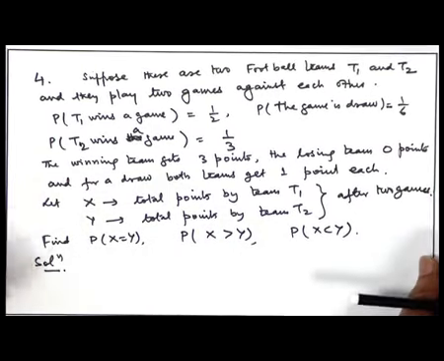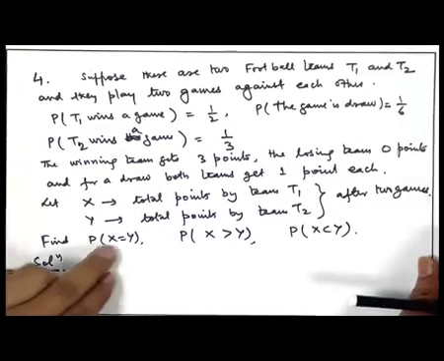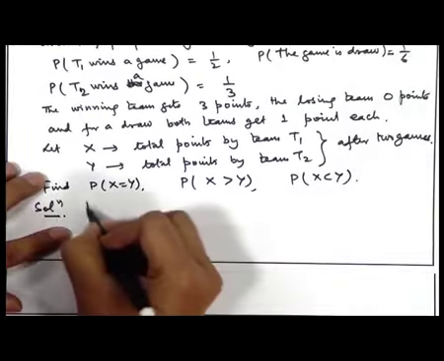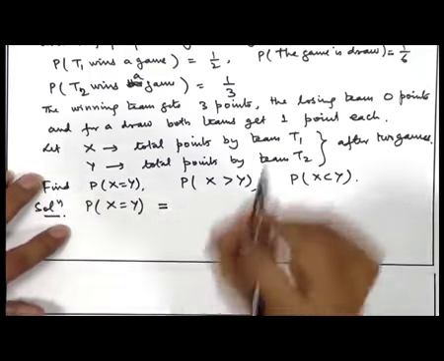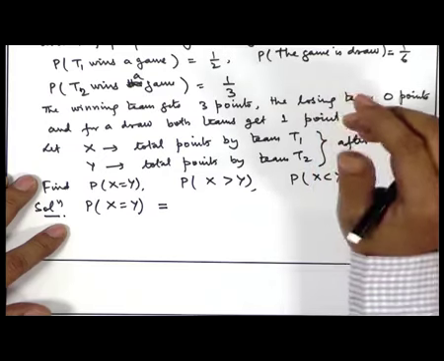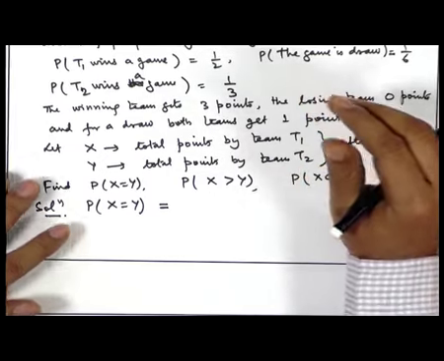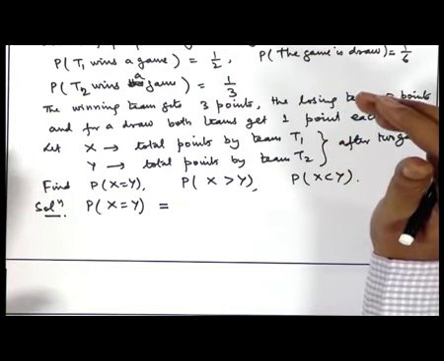As I mentioned, this is a case of enumerative probability. We have to actually count the cases in which we get these events. So, for example, if I say x is equal to y, since there are 2 games, in what way x and y will be same? That means the total points by team T1 and total points by T2 are same.